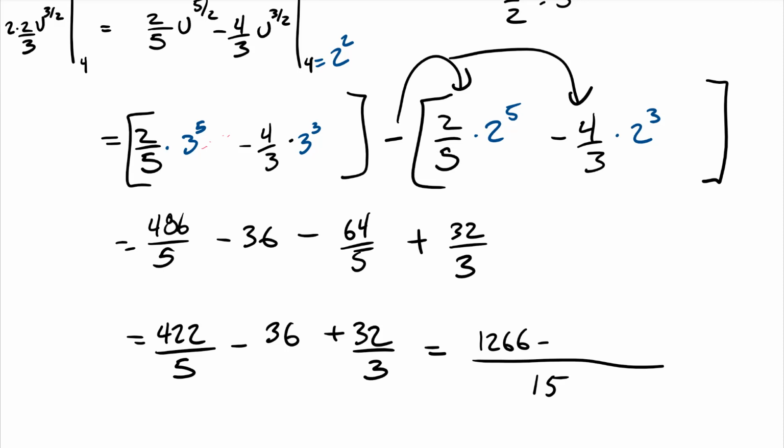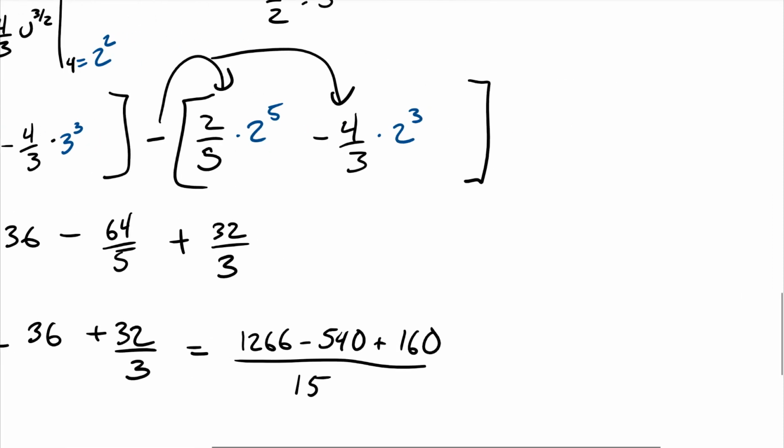We need to multiply 36 by 15 to get our denominator, so that's 540. And then we multiply 32 by 5, and that's 160. So now we have 1266 minus 540 plus 160. We get 886 all over 15.